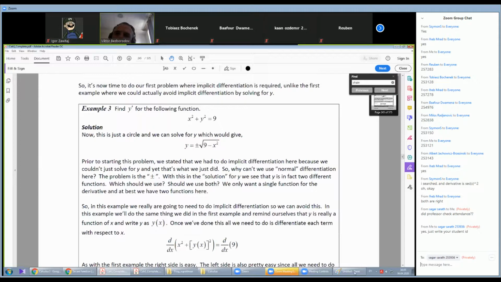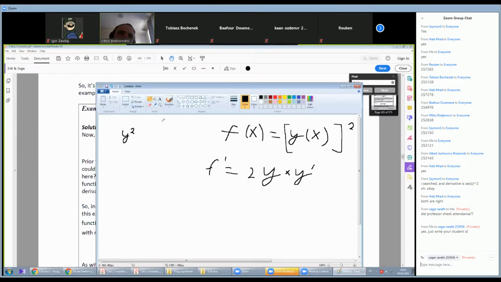Because of course we can plot this function y, right? So we have the coordinate system, and the plot is going to be in fact a circle, right?